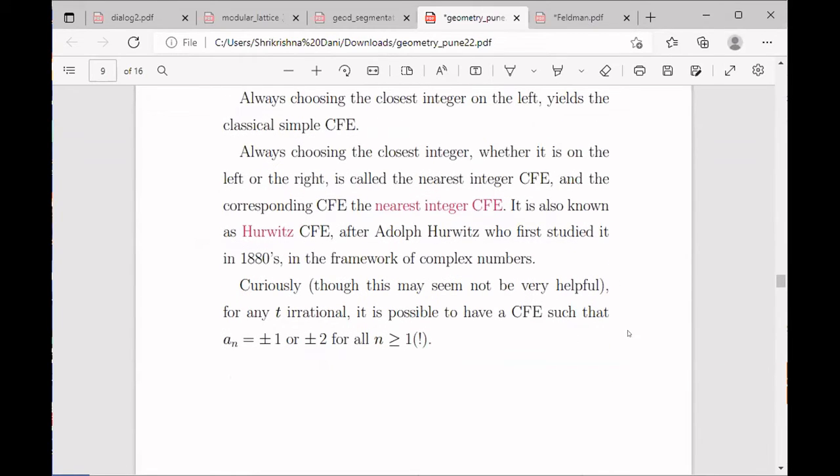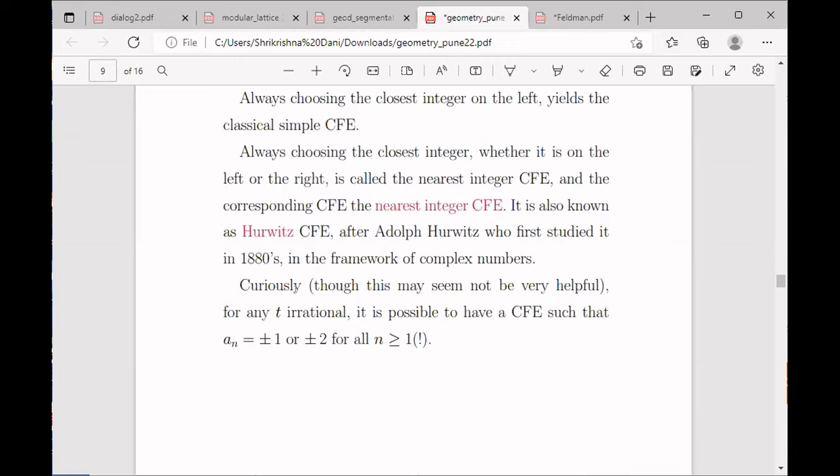Anyway, this is another side remark. Curiously, though this may seem not very helpful, for any irrational number t, it's always possible to have a continued fraction expansion such that all the ANs, so after the first stage, are either 1 or 2. This is an interesting exercise for all of you, perhaps.